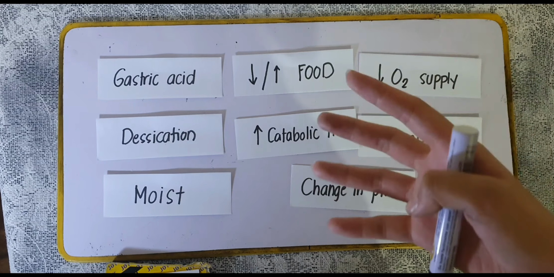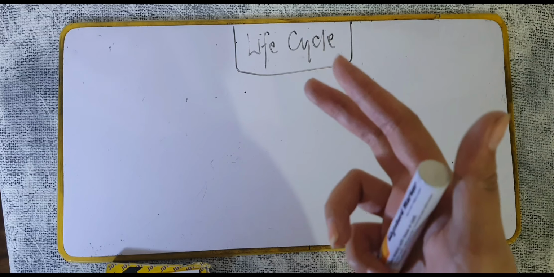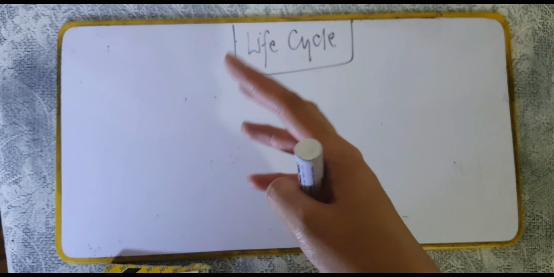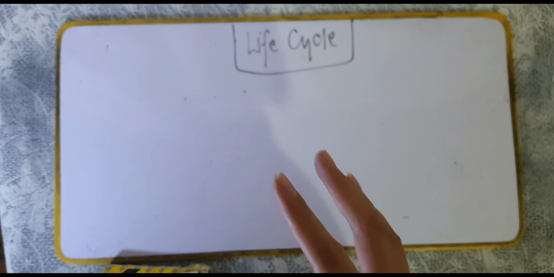Now, let us talk about the life cycle of your Entamoeba histolytica. Now, the life cycle of Entamoeba histolytica consists of 2 stages: the infective cyst and an invasive trophozoite form.